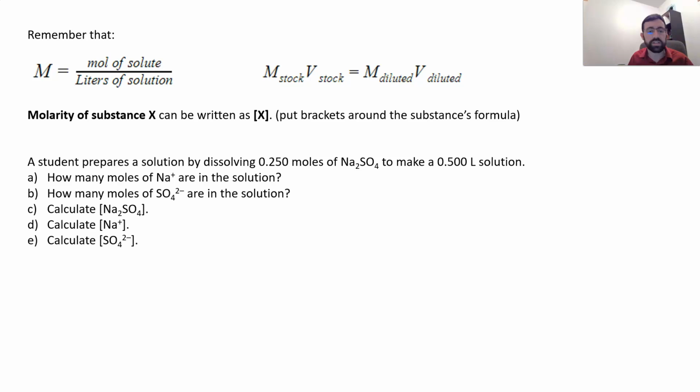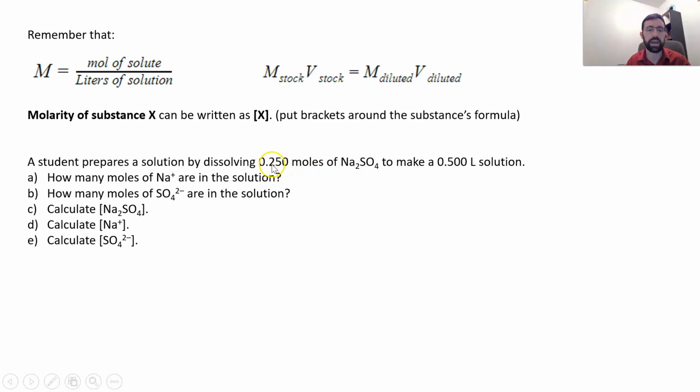So if he wants to do that, we want to know how many moles of Na+ will be in the solution. To start with that, we know how many moles of Na2SO4 we have in the solution. Just remember that there are 2 Na+ ions in every 1 mole of Na2SO4.